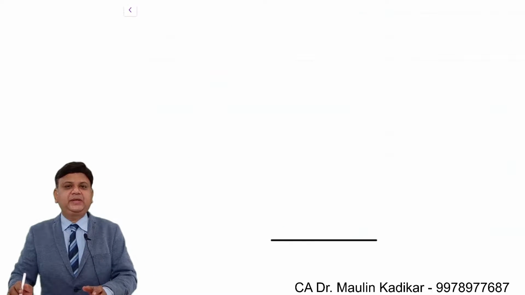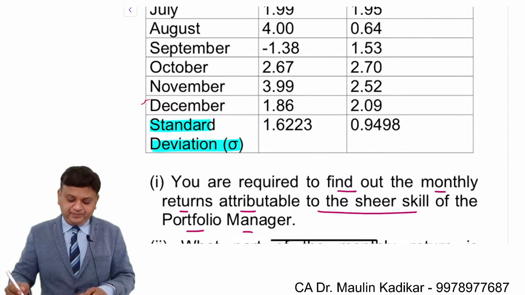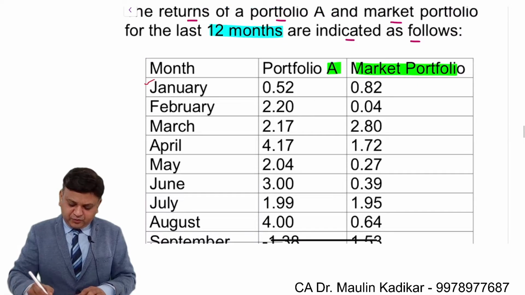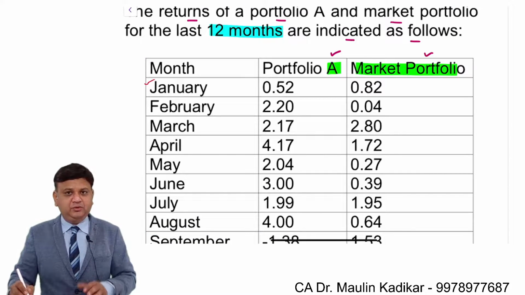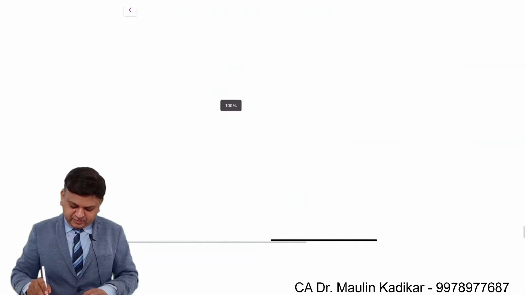First of all, let us prepare a small working note regarding calculation of the mean return, average return of portfolio A and average return of market portfolio. Then we will discuss further what is supposed to be done. So I request all of you to write down the answer along with me.